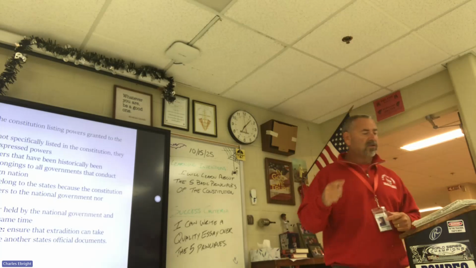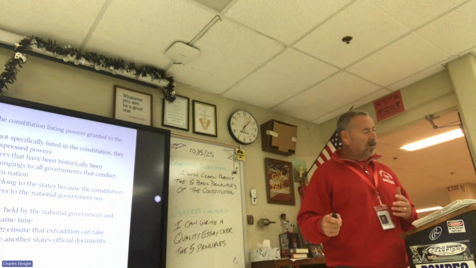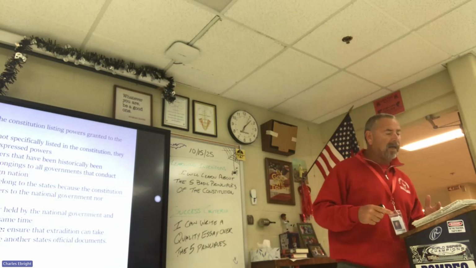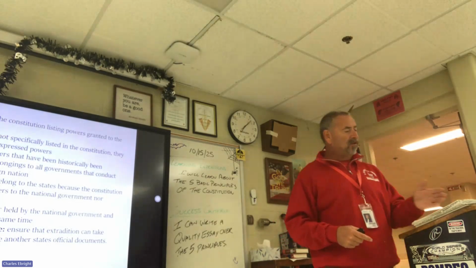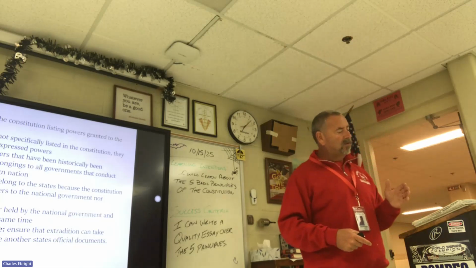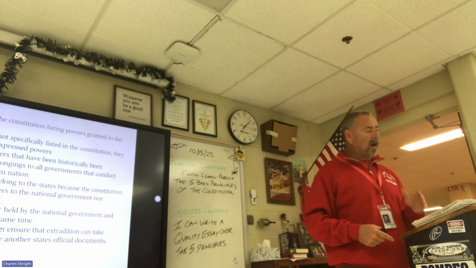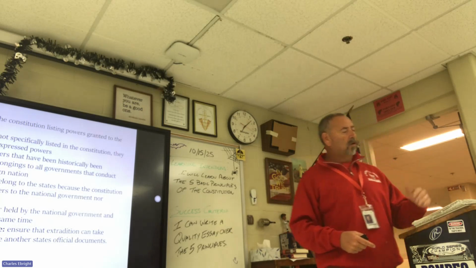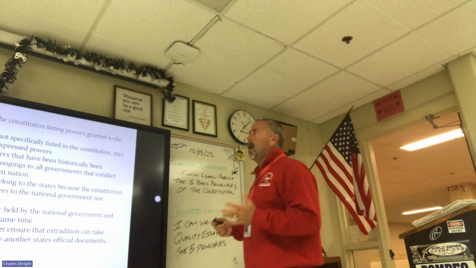Likewise, some powers are shared by each of the three, while still others may be denied to either the national, state, or local governments. As you've seen in the arguments of the Founding Fathers, there are many supporters of the idea of a strong national government, but few wanted to see a powerful central government usurp and abuse the powers of state and local governments. So they define some of these.